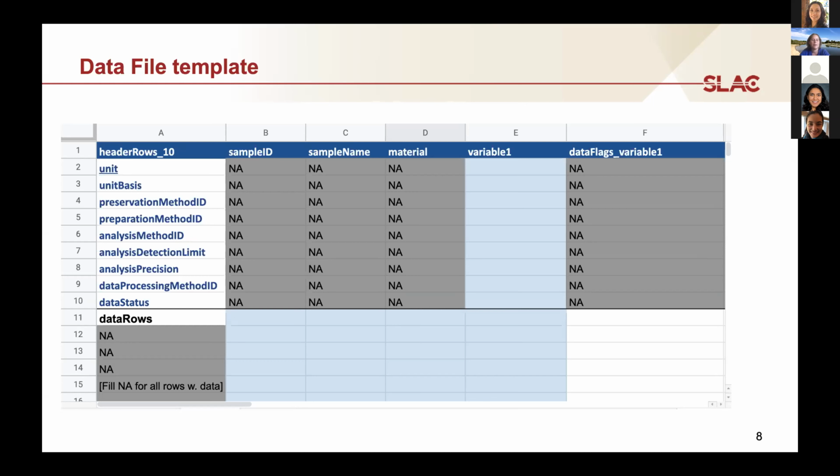So I started out using the WQX as a template, but I moved away from it. So this is now the data file template. This is not required to use, but it's recommended that you use it. And in the current version, and I'd very much like to have feedback from people about this, I've decided to have the variables, so the measurements, in columns.